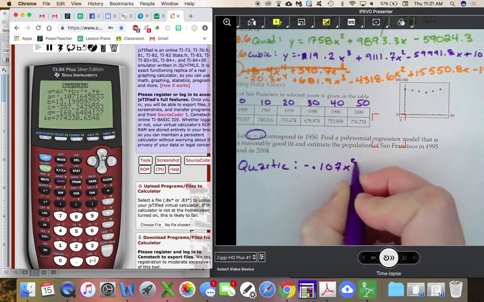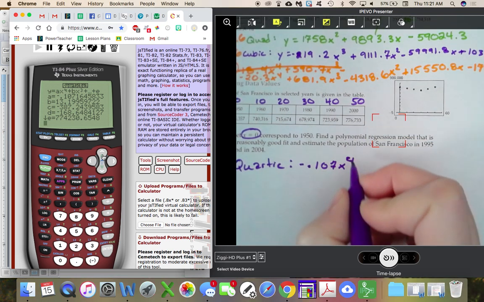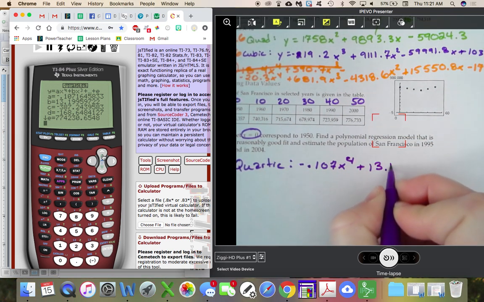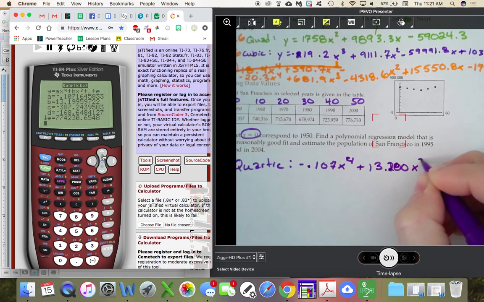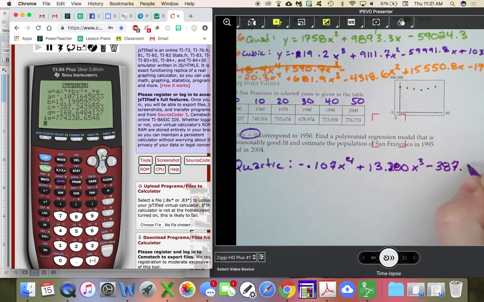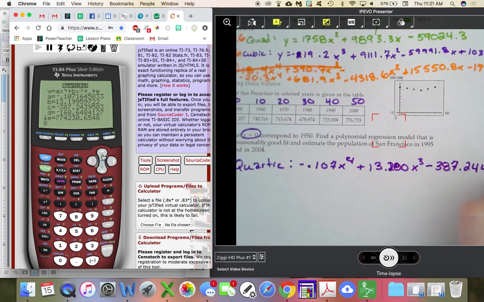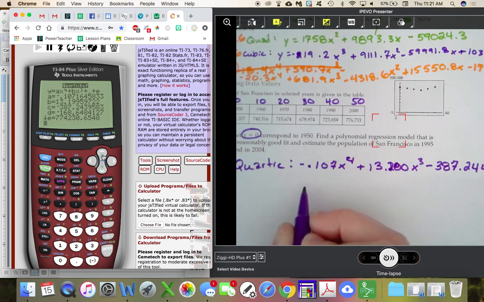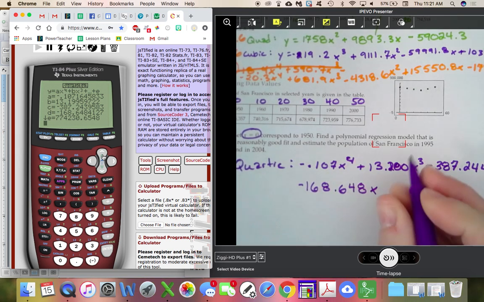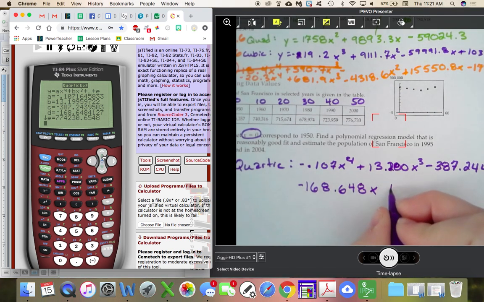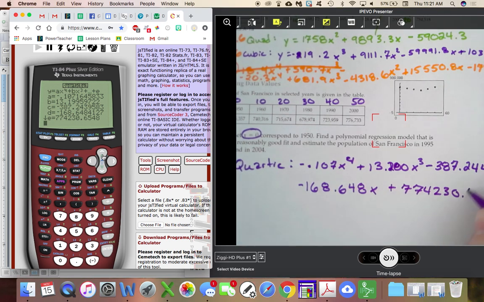X to the 4th, plus 13.19, let's go 200, x to the 3rd, minus 387.244 x squared, minus 168.648 x, and plus 774,230.655.